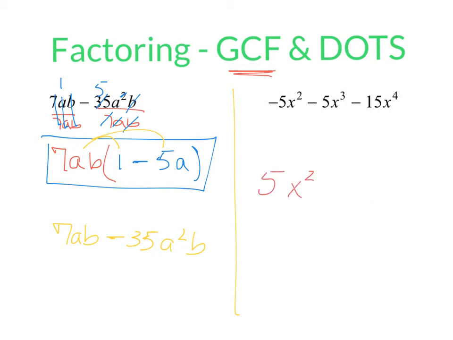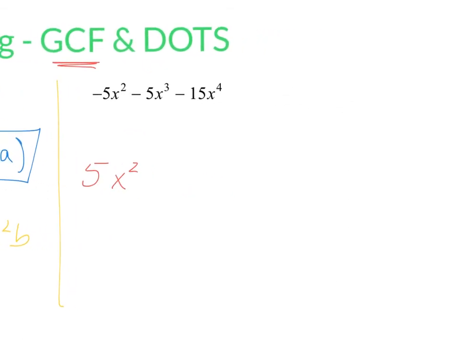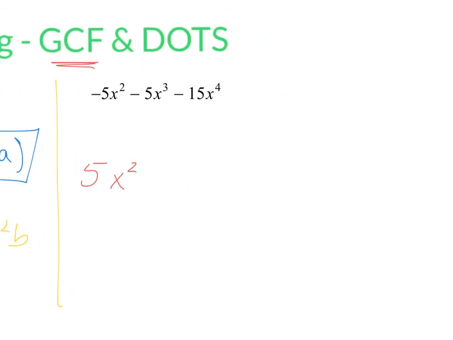And again, to make sure you don't make a mistake, what you can do is divide each piece by 5x squared. And then, divide. So 5 and 5 cancel to 1, and x squared cancel, but be careful, this becomes a -1 because of that negative sign there.